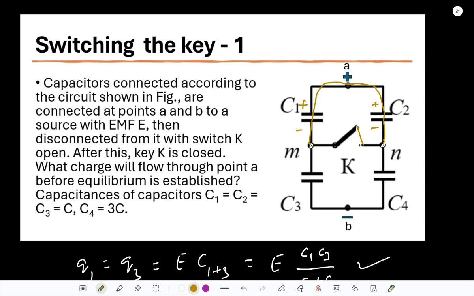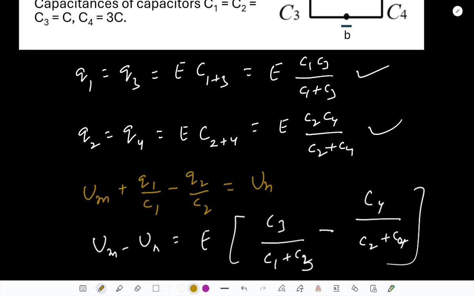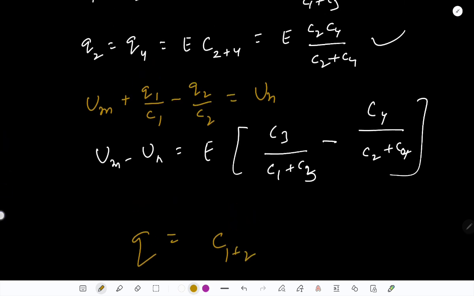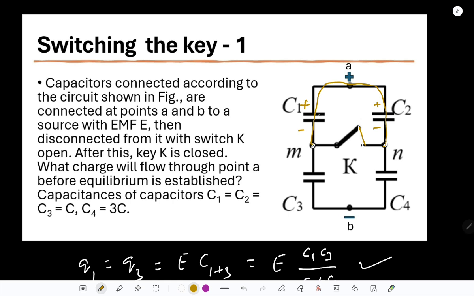And that means the total charge Q equals the equivalent capacitance of C1 and C2. And after connecting this, they are now in series. You can see them after connecting this switch.